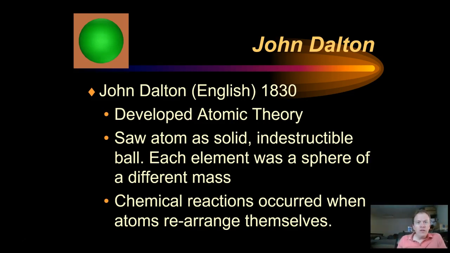So this model is really only partially correct, or it's actually very incomplete as we would think about models today, because he doesn't talk about any of the stuff that's inside of an atom, as we now know, protons, electrons, neutrons, etc. So his model is wrong. However, what we have to understand about models is models are just ideas. Our ideas evolve, ideas change over time, but even if they're not completely correct, models can be very useful.